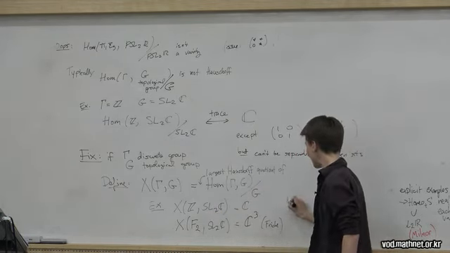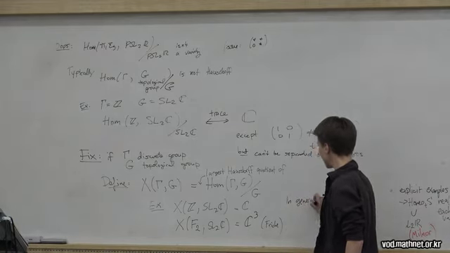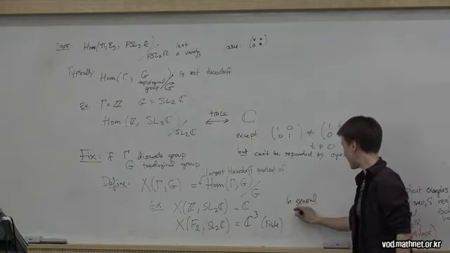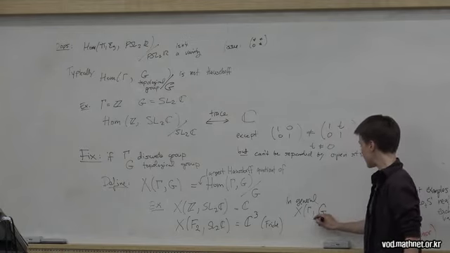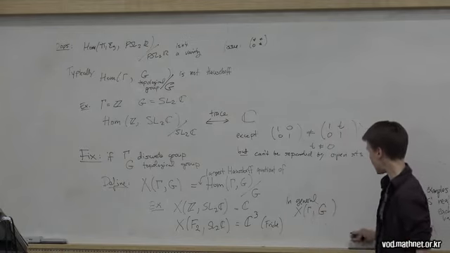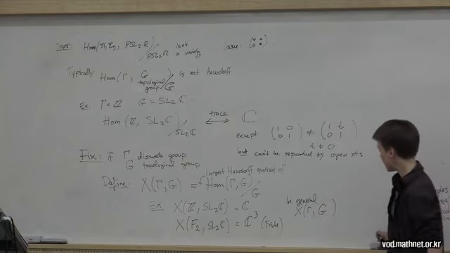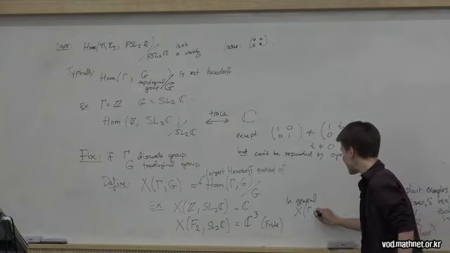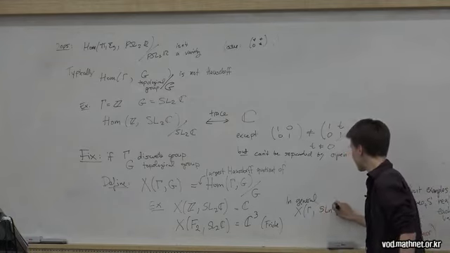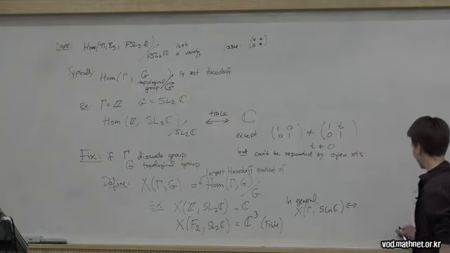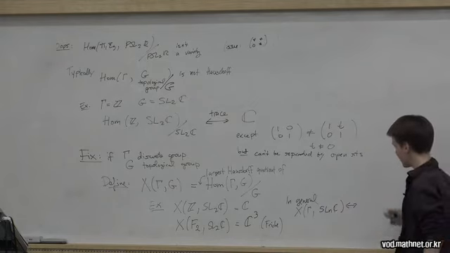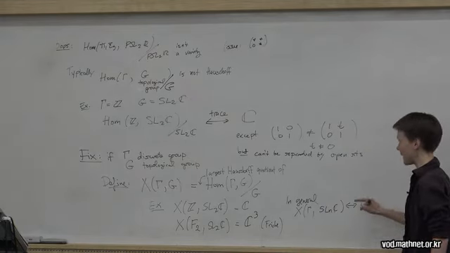So in general, if anyone likes algebraic geometry here, let me state a special case: the character space of a finitely presented group into SLNC is exactly parameterized by characters of representations. Hence the name character space.